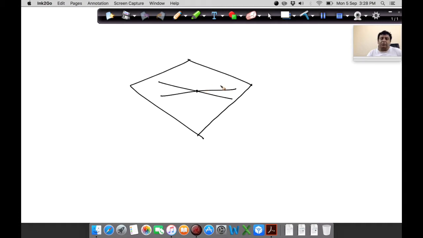Now the direction ratios of this line and this line are known already, so we can find the normal of the plane, which is B1 cross B2. The normal to this plane will be the cross product of the directions of the lines, because the normal is perpendicular to the plane. That way we get the direction ratios of the normal.